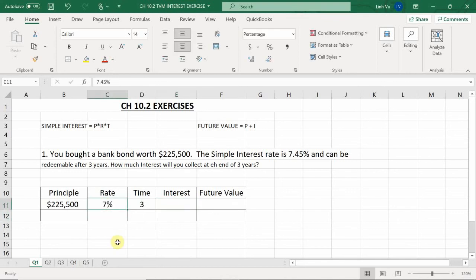Okay? So in this case, my formula, which I already have on top for you. If I were to calculate the interest for this, what is going to be my formula?